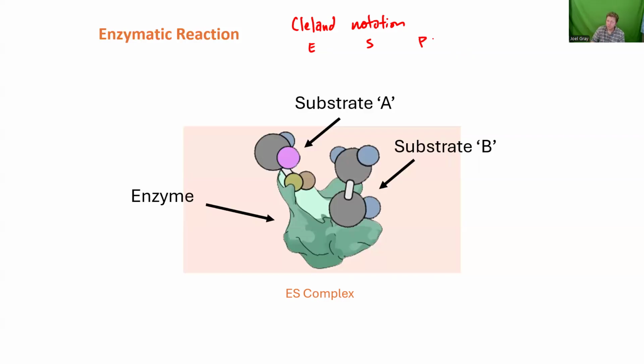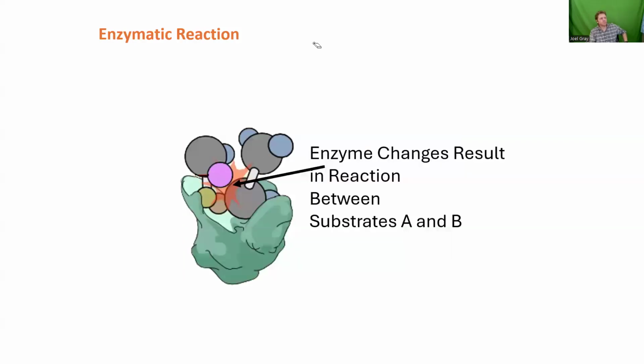Now, when there are multiple substrates, that notation might change a little bit. You might say E and then A and B, and then P and Q are your two products. It's a little bit variable, but Cleland notation generally follows the rule that a single capital letter indicates your enzyme and/or your substrate.